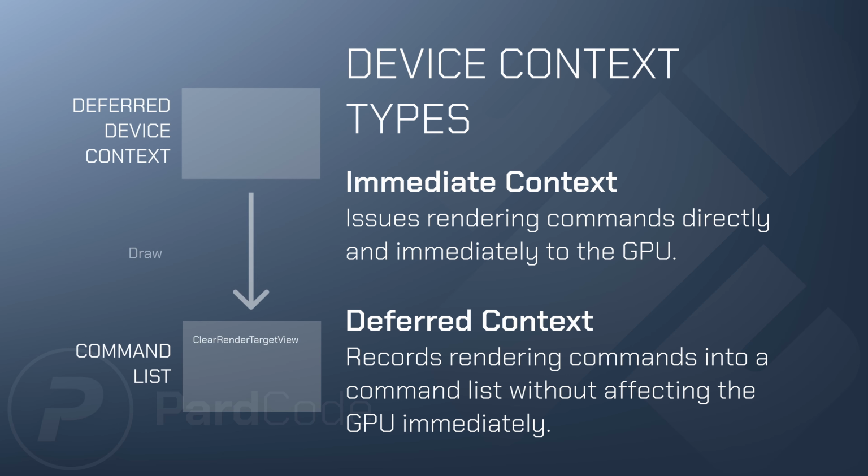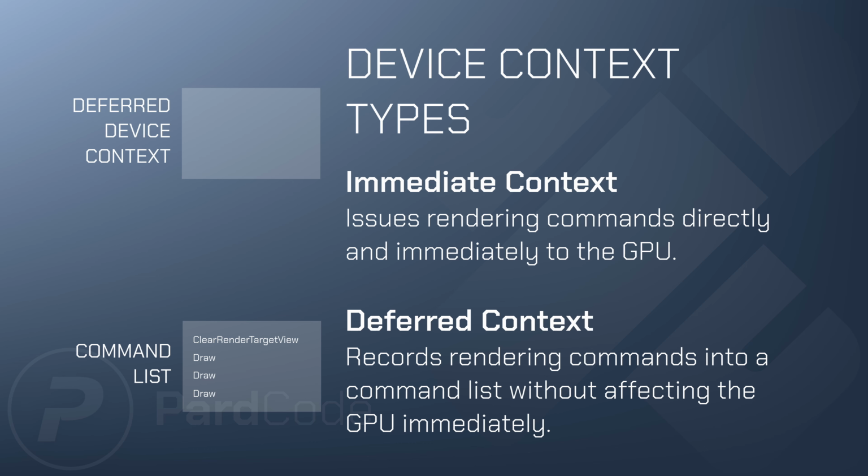This recorded command list can later be submitted by means of the immediate context for execution on the GPU. This decoupling between recording commands and executing them on the GPU allows applications to prepare rendering work in parallel, potentially improving performance on multi-core systems. However, it is important to note that the actual execution of those commands still goes through the immediate context.